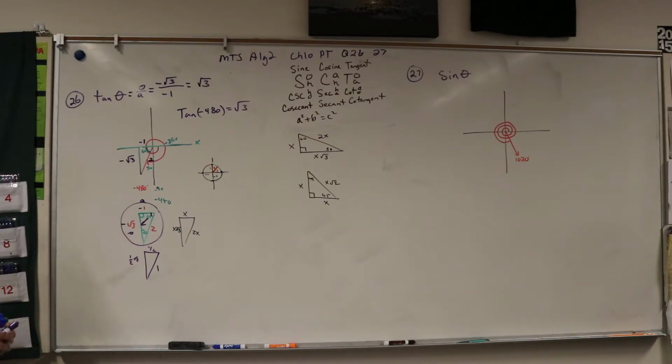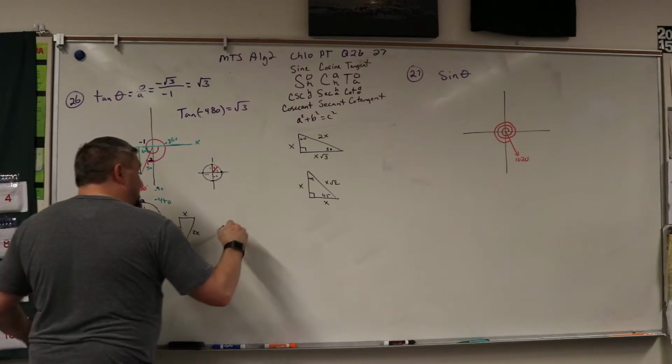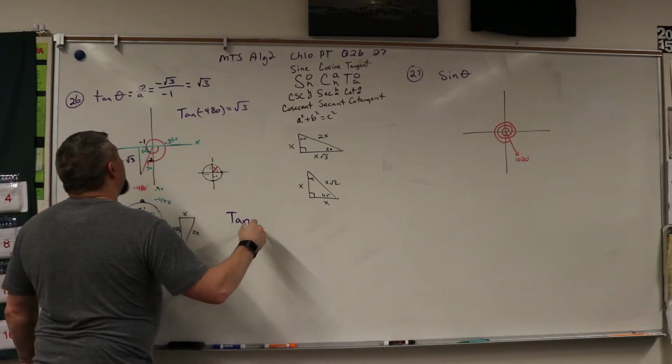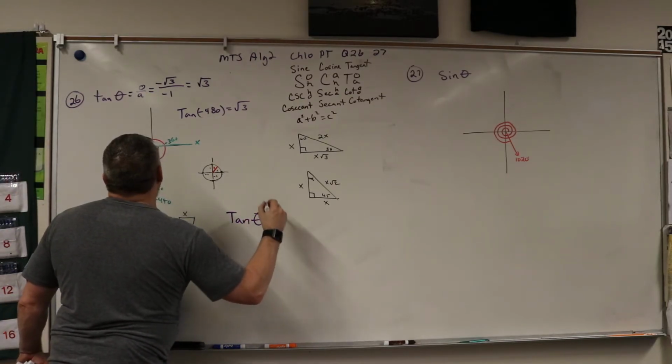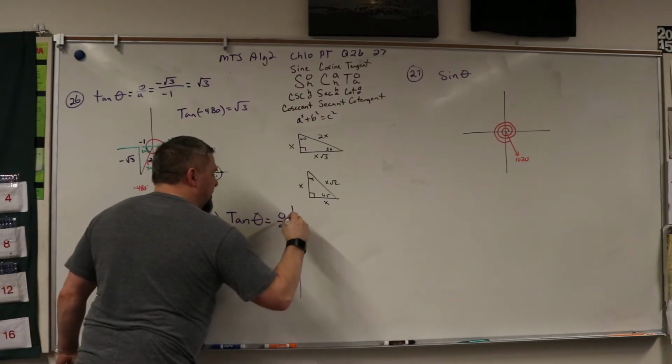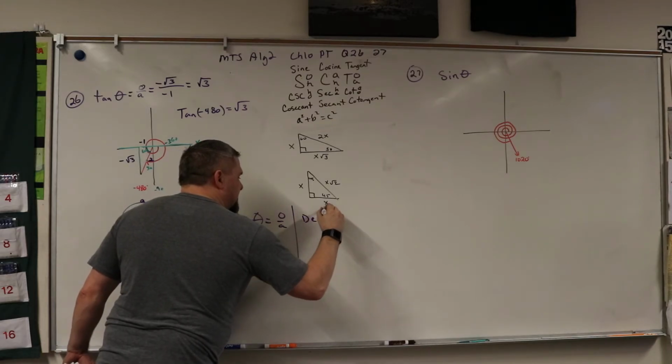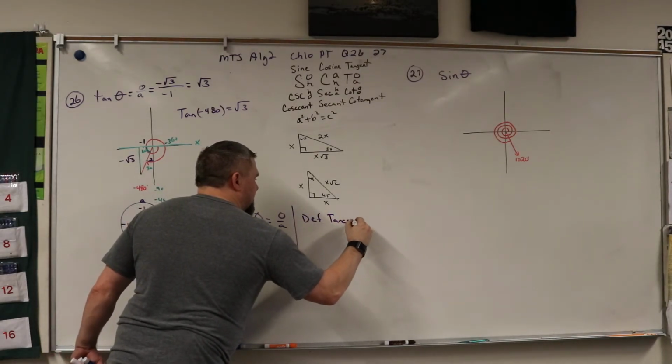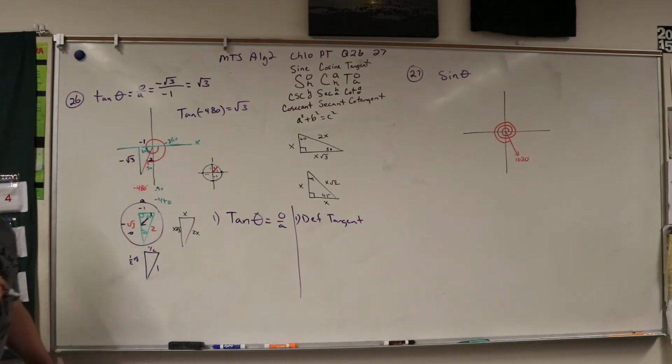But we can say that tangent of theta is equal to O over A. Why? Because of the definition of tangent.